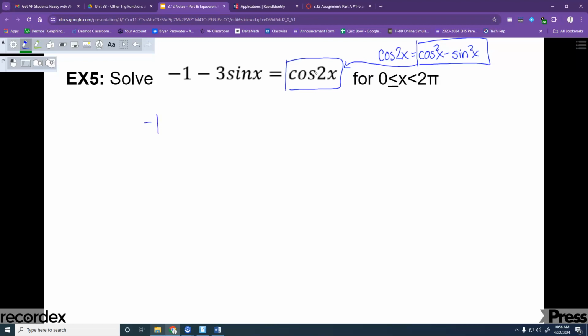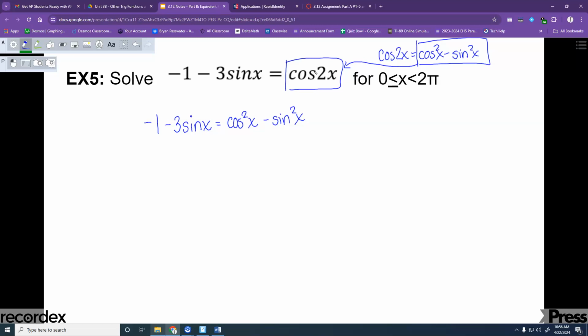So we got negative 1 minus 3 sine x equals cosine squared x minus sine squared x. And once we've done this, it really takes us to the problems that you guys were doing over the weekend on that last section. What do you think we should do?